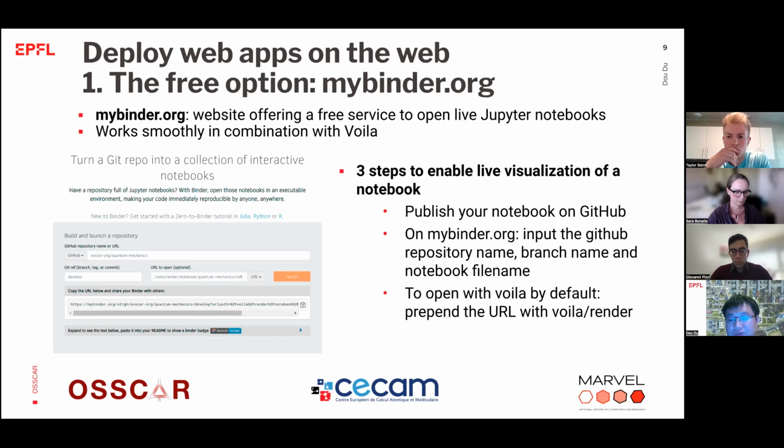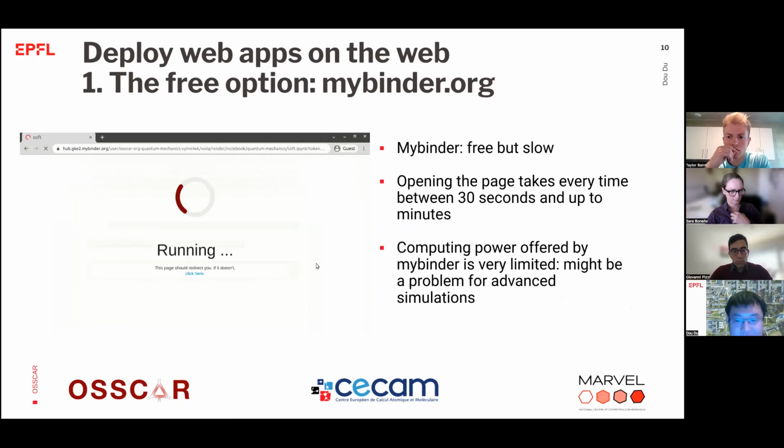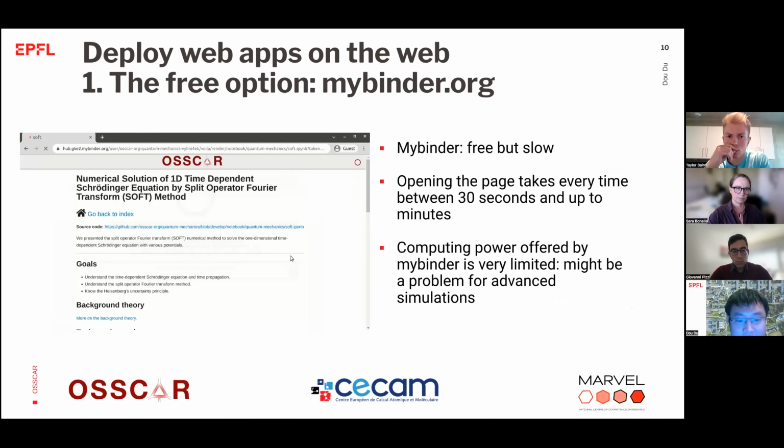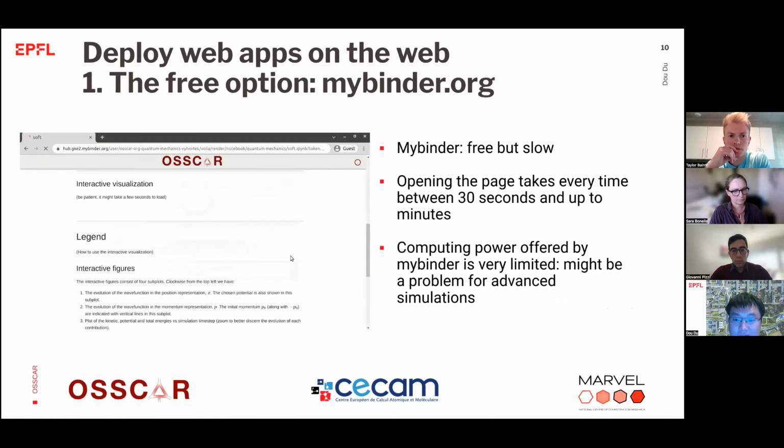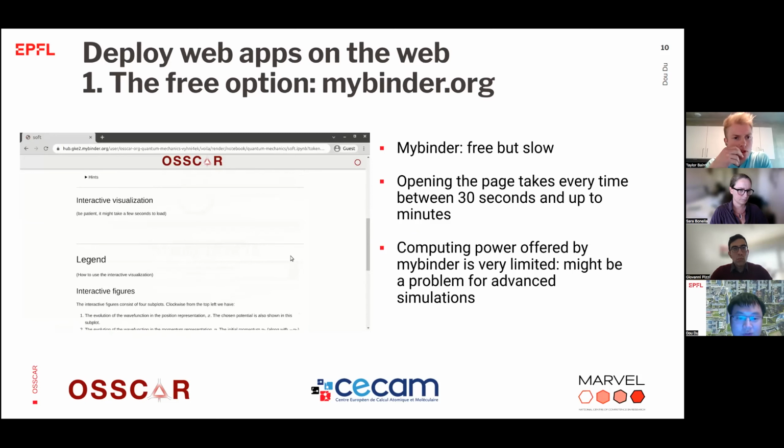In order to use Voila, you should prepend voila/render before the URL. After that, just click the launch button. After some time, maybe minutes the first time, you will get the web application, and you can share this link with other people. When other people click, they will also get the same web application.